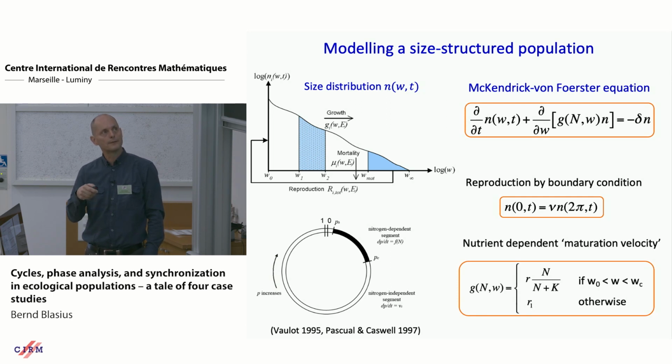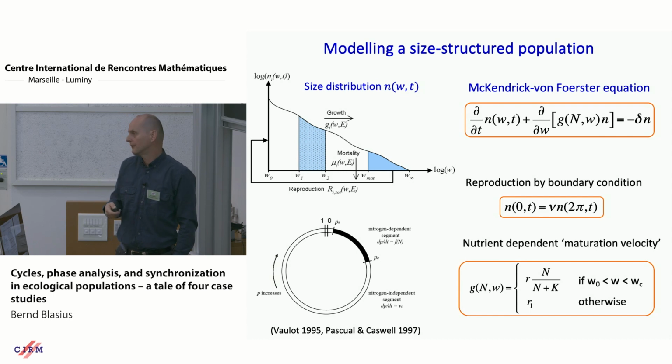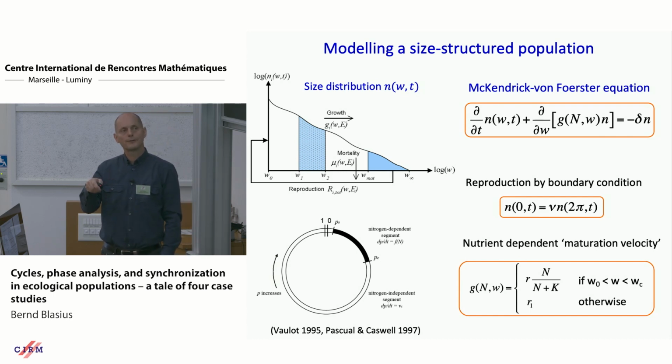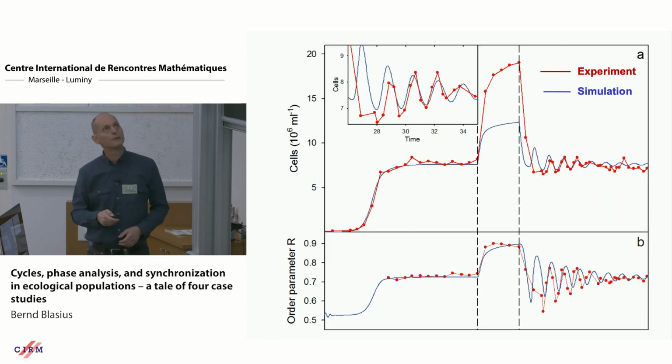This is their picture from the Pascal-Caswell paper. They say we have one interval in this cycle which is nutrient limited, so here we have a functional nutrient limitation. And in the rest of the system, we have just a constant phase progression. And you can run the model. Here you see the order parameter.